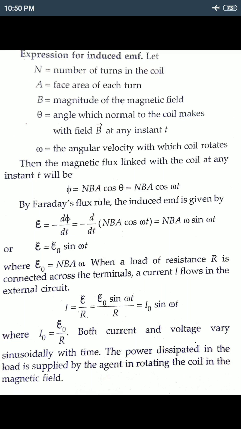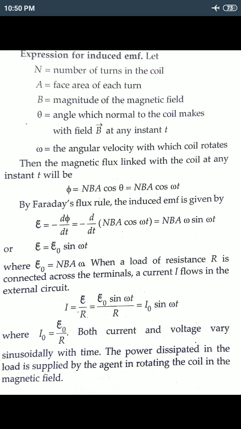So we know that phi equals NBA cos theta, where theta equals omega t, so phi equals NBA cos omega t. From Faraday's law, E equals minus d phi by dt. Placing the value of phi and differentiating, we get NBA omega sin omega t. NBA omega is represented by E naught, so E naught equals NBA omega.